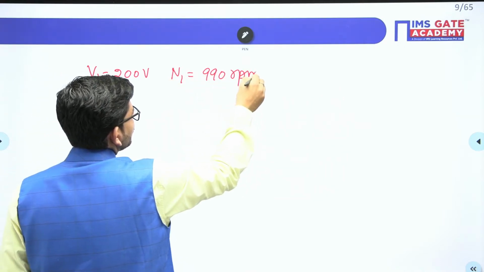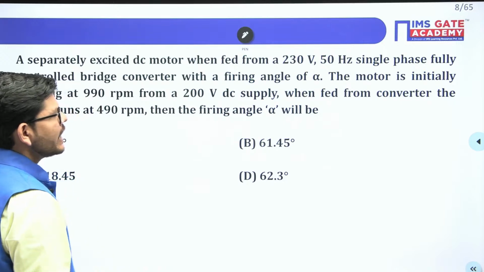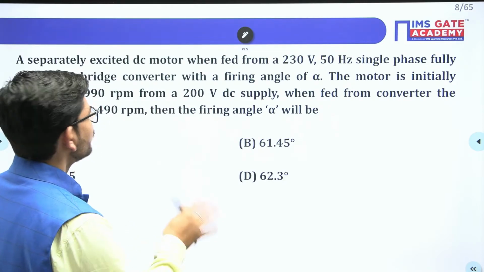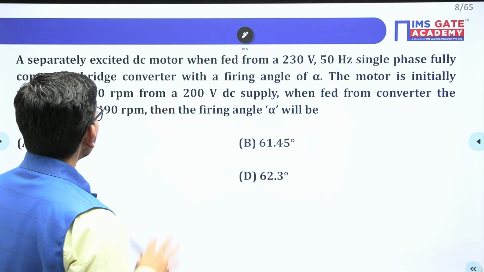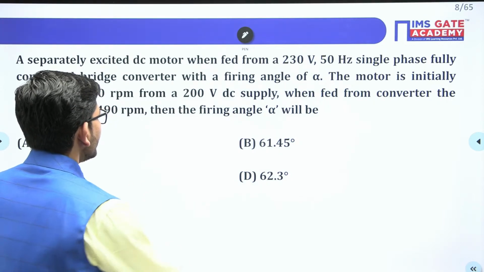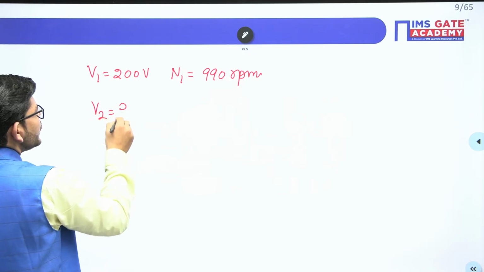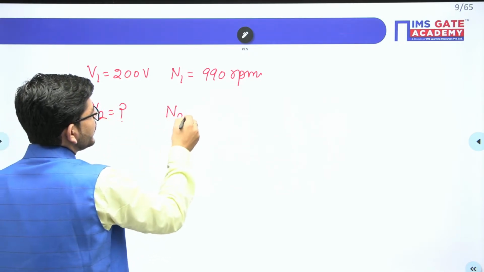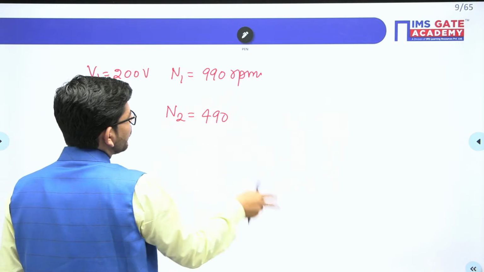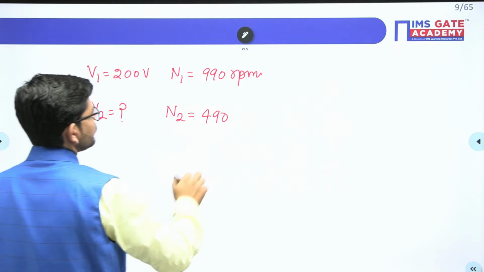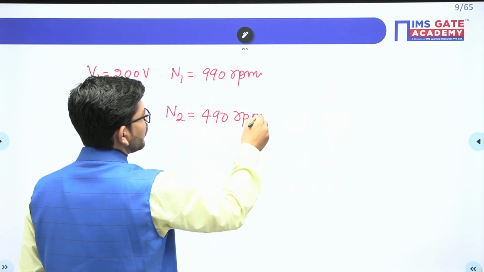Now in the second case, when fed from the converter, the motor runs at 490 rpm. So let's suppose the voltage is V2 and at that time the speed is 490 rpm.